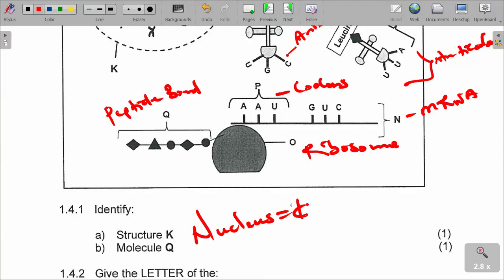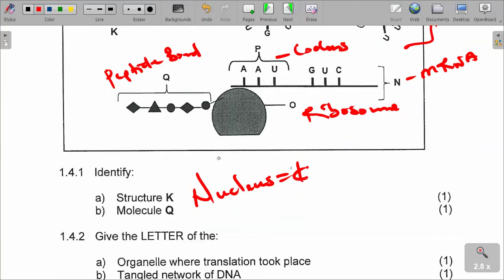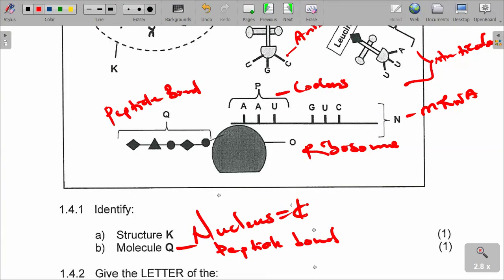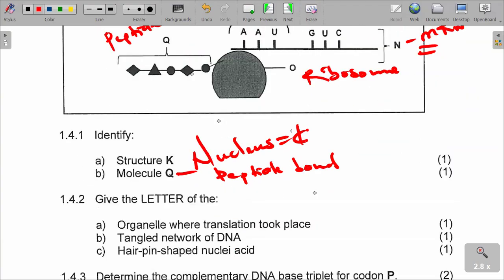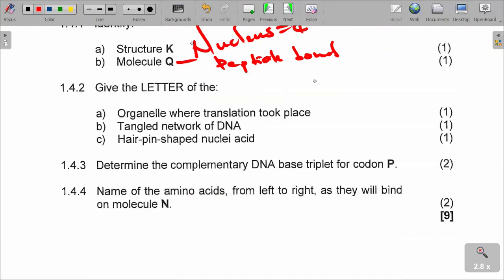The peptide bond is formed through the ribosome as the mRNA passing through is being read by the ribosome. So we have our chain forming a peptide bond, a chain of amino acids that will form proteins.